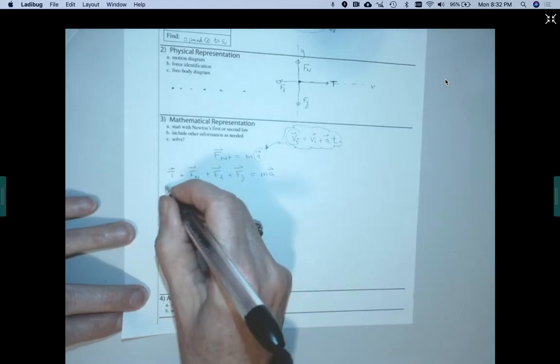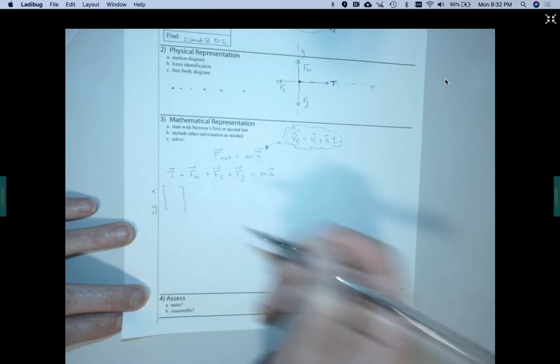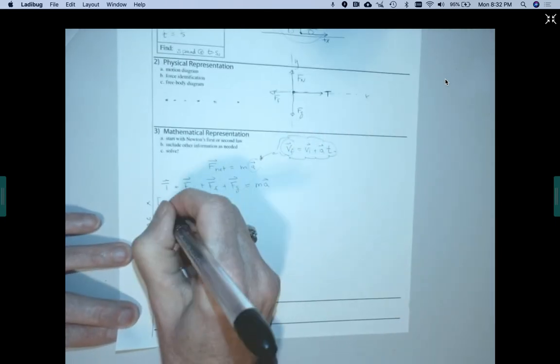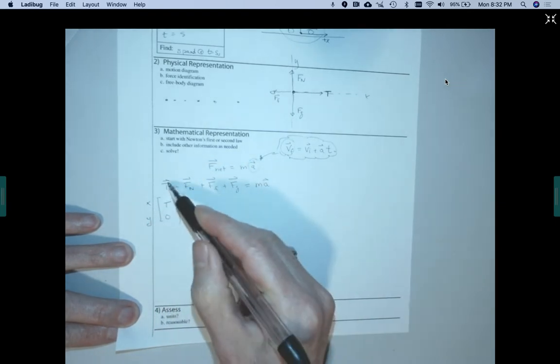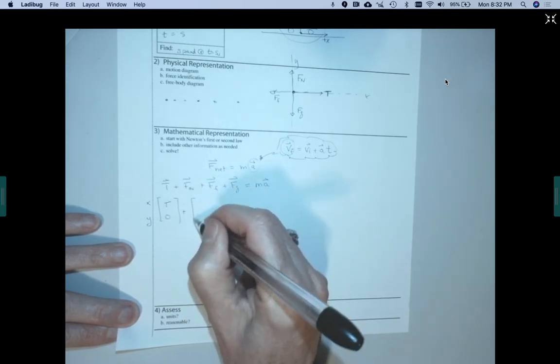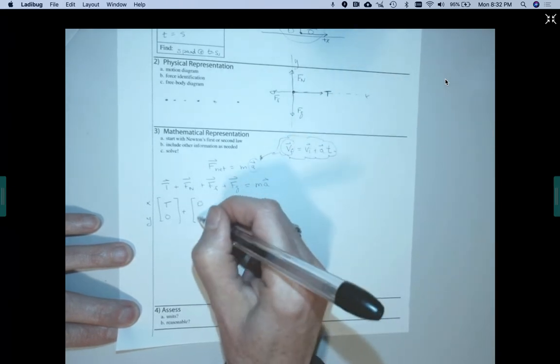Okay, so let's now put them into column vectors, where we can compactly write the x and y components of everything. Tension is in the plus x-axis, so we get a T there and 0 there. Notice I'm not doing the vectors, I don't have the hats or the arrows. The normal has a component in the y direction and nothing in the x.